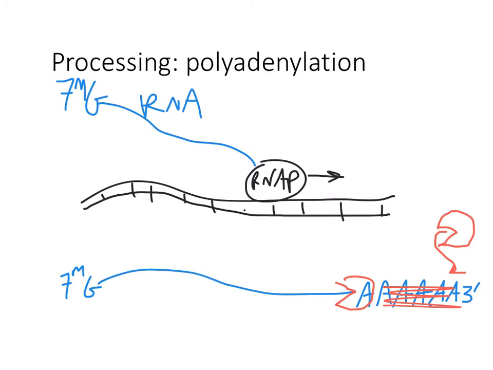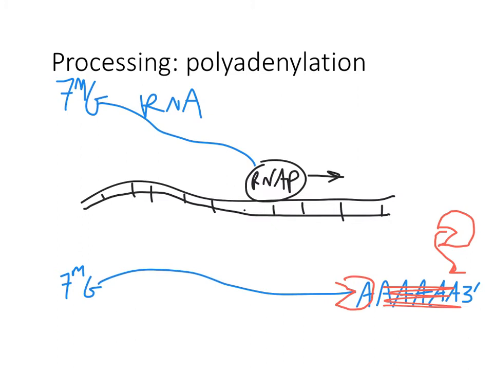What sort of a signal will tell this protein, RNA polymerase, where to stop transcribing? Is it going to be another protein? Is it going to be a hormone? What sort of a signal can RNA polymerase use to know when to stop making more RNA? Pardon? It's going to be DNA.